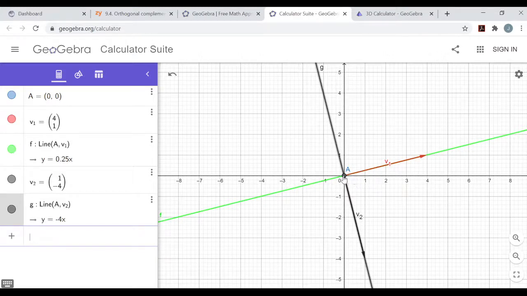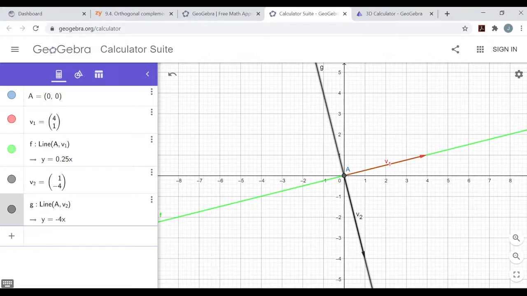And so any vector from the null space with any vector from the row space in black will be orthogonal. And they point in two different directions, so these two vectors, 4, 1 and 1, negative 4, do form a basis for R2, so you could also say R2 is the direct sum of the row space of A with the null space of A.